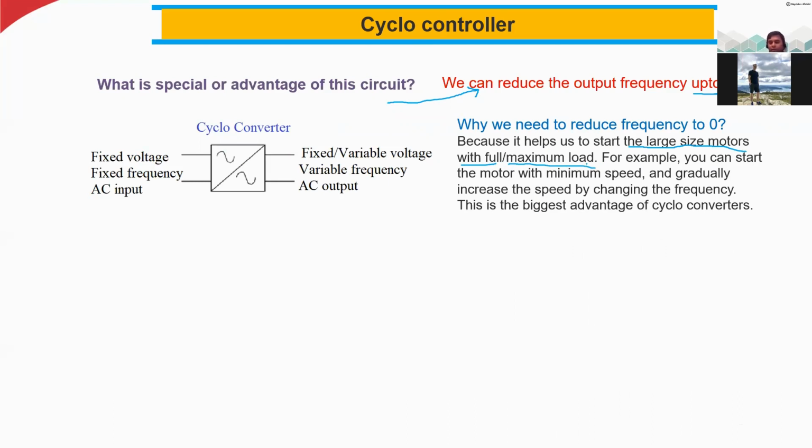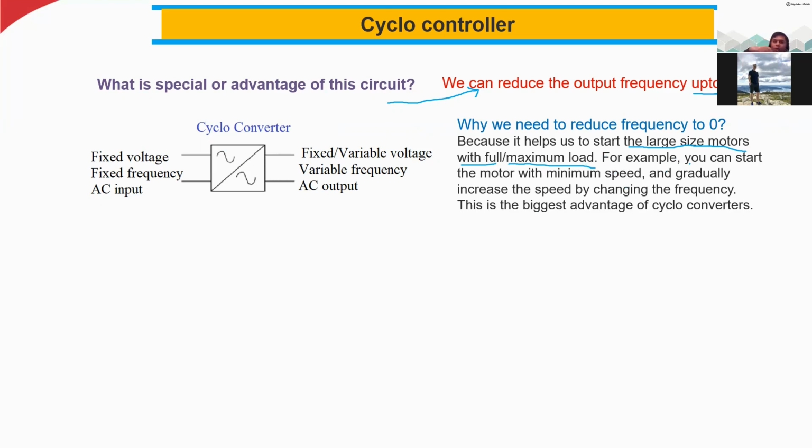Each application requires a different kind of control. In some cases, for example, you can start even when you have a load, and this will help you start the motor smoothly. Instead of drawing a large current and burning the windings, it will reduce the frequency so the winding will not get damaged. Winding means what?